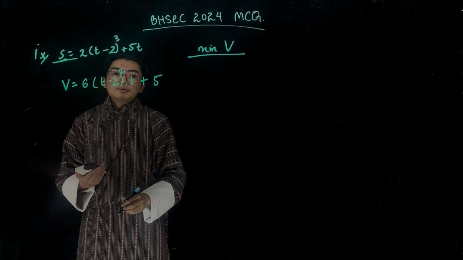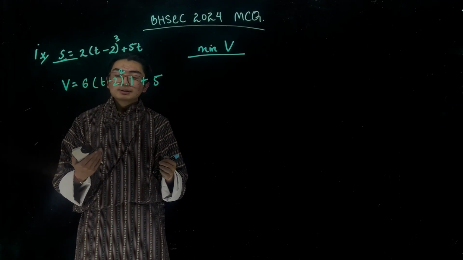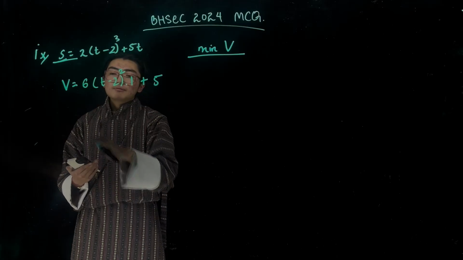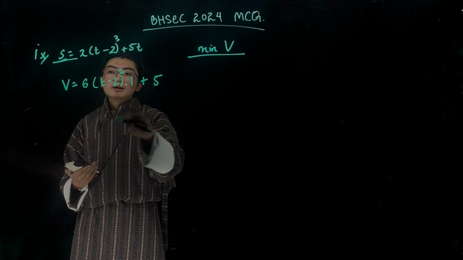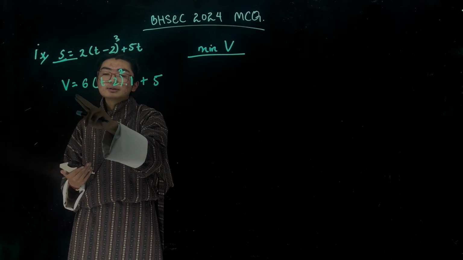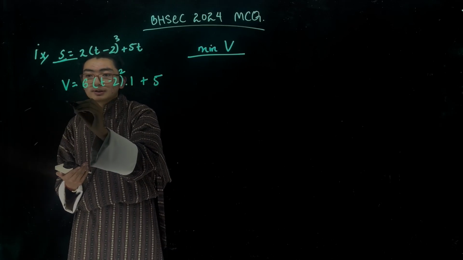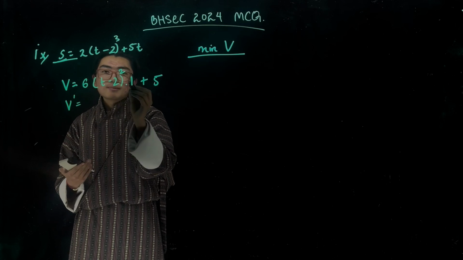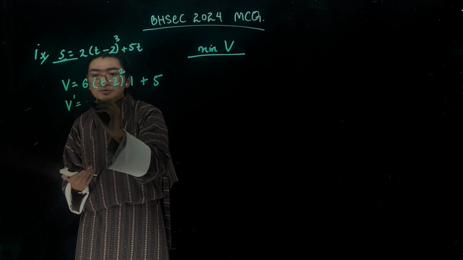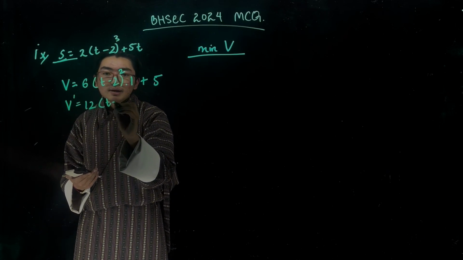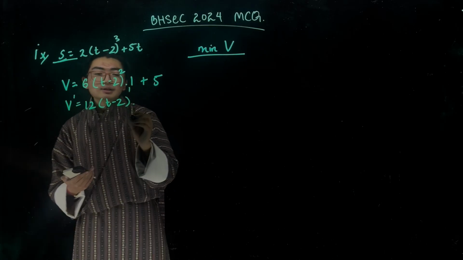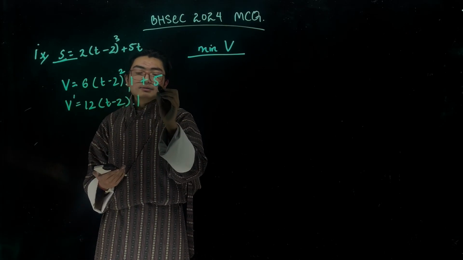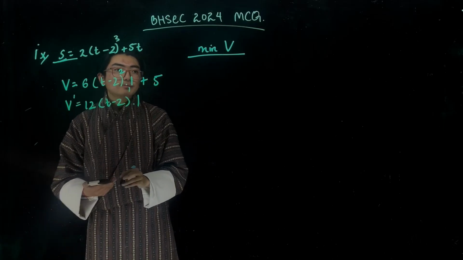Now whenever we find the maximum or minimum, we must find the derivative of the function we are finding. So now we must find the derivative of velocity. So the first order derivative is again from outer to inner. So 2 times 6 is 12, and (t minus 2) to the power 1, and again inside the bracket we get 1, and since 5 is a constant, it is 0.